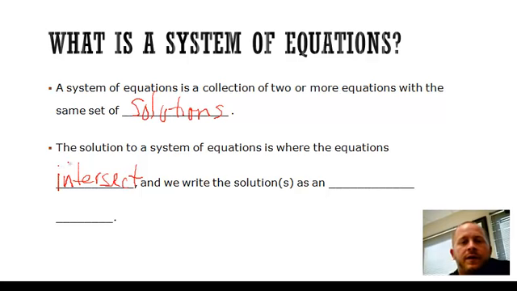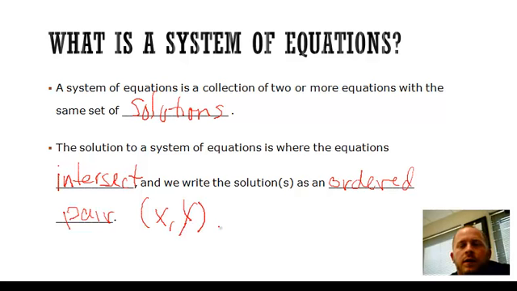We're always going to write these solutions as an ordered pair. The ordered pair is always going to be in your XY format that you see right here. That was an ugly Y, I apologize.